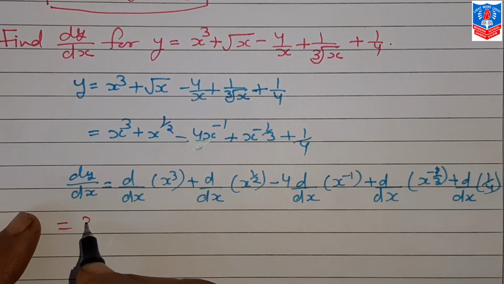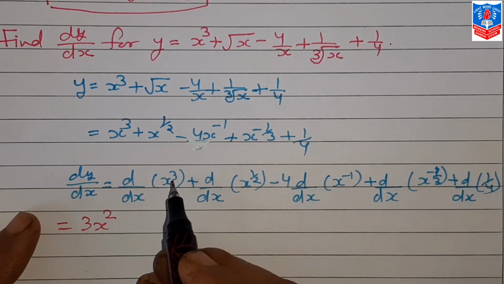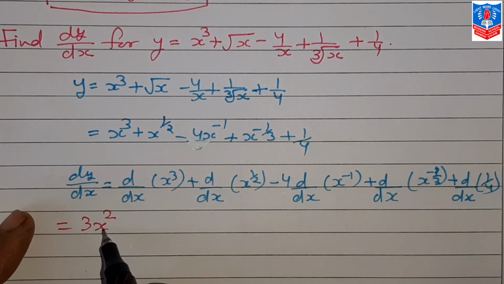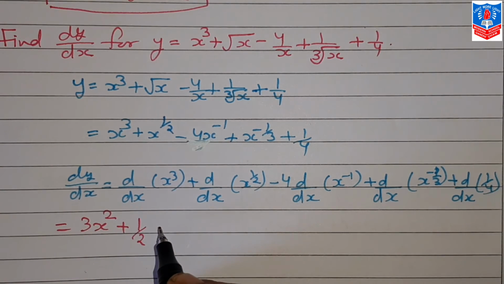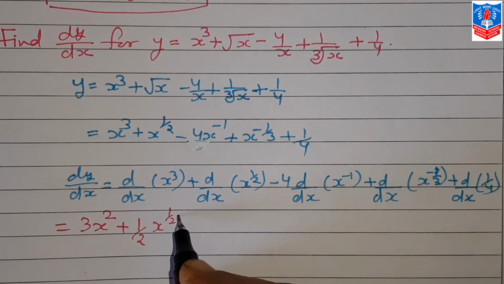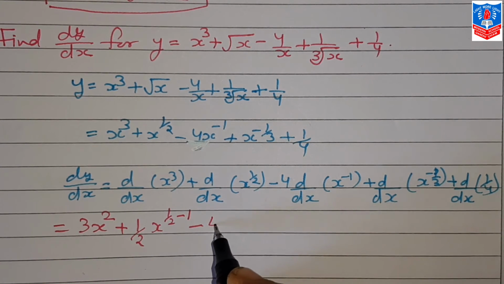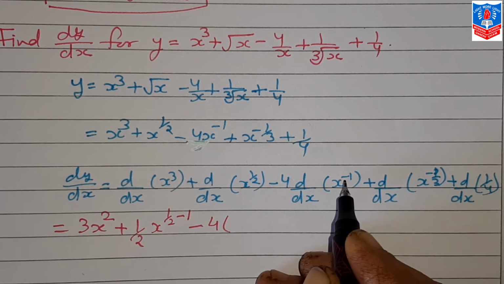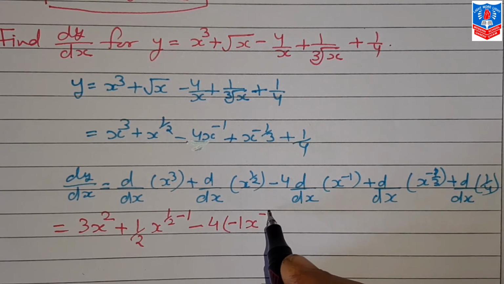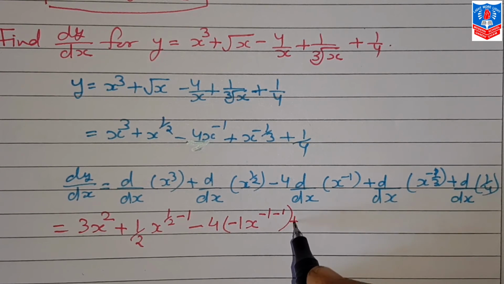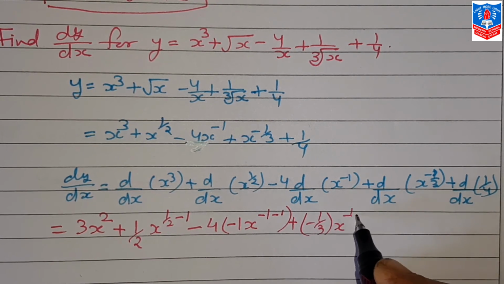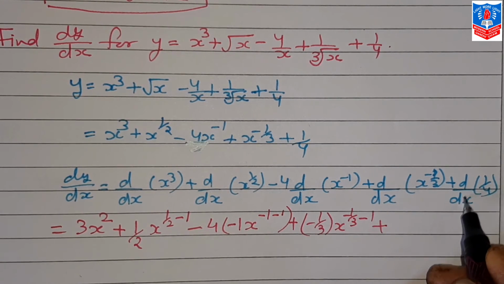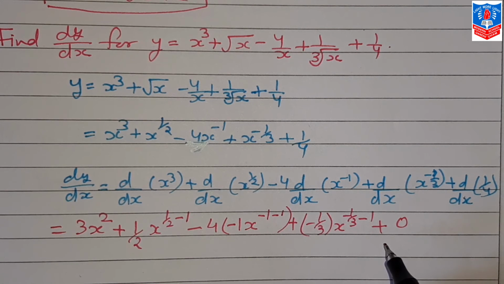First derivative is 3x square, because 3 minus 1 will be 2, plus half x raised to half minus 1, minus 4 into minus 1 x raised to minus 1 minus 1, plus, now here you can see minus 1 by 3 x raised to minus 1 by 3 minus 1, plus its derivative, the constant number, comes 0 only.